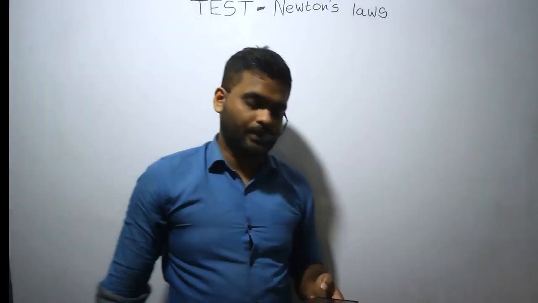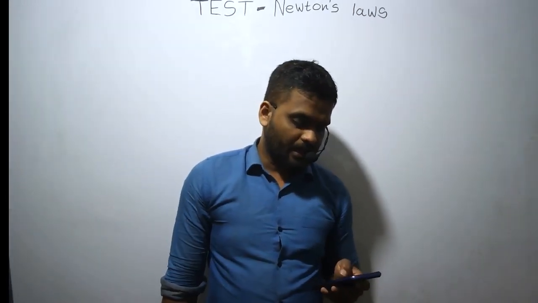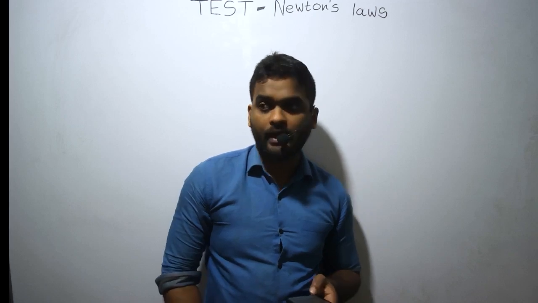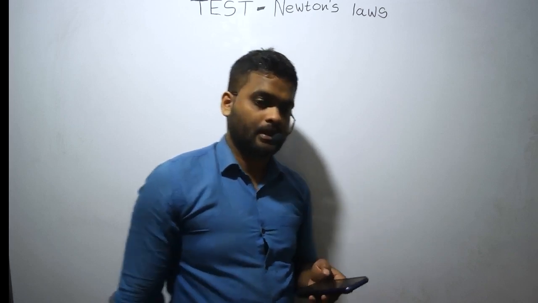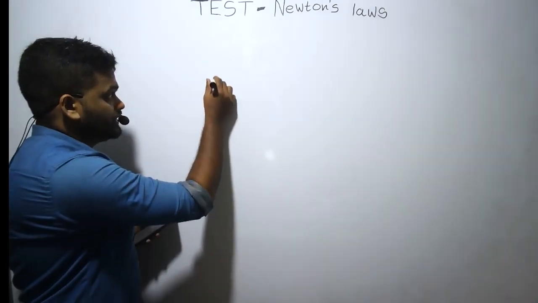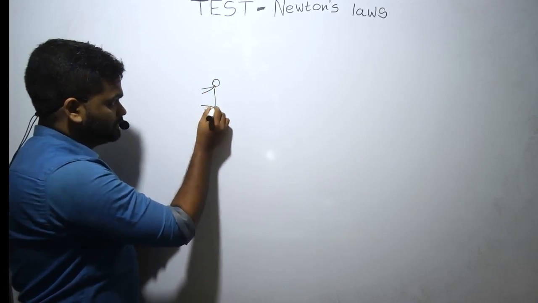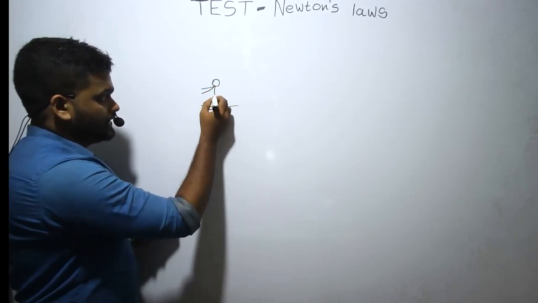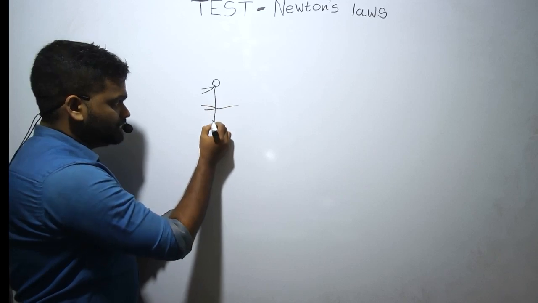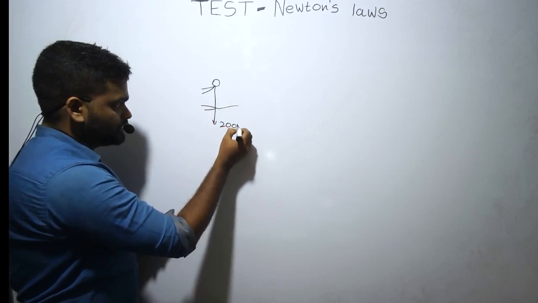Okay, sixth question. A monkey weighing 20 kilogram. So let's say there's the monkey like this, right? And he is weighing 20 kilogram, meaning the weight of the monkey is 200 Newton.